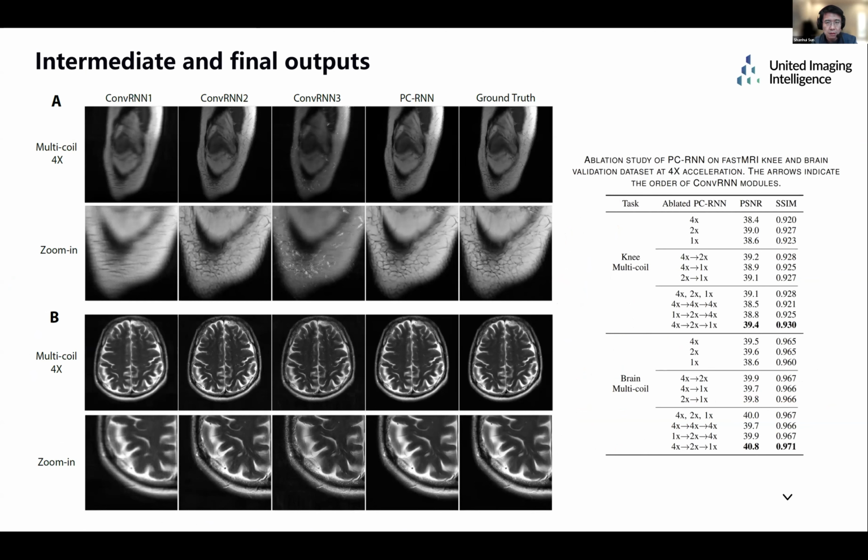We can see our proposed method could recover the image from different scales, from coarse to fine details. And also from the ablation study, we observe that if we use multi-scale resolution in this way, we could generate a better recovered result than the individual scales in terms of PSNR and SSIM.